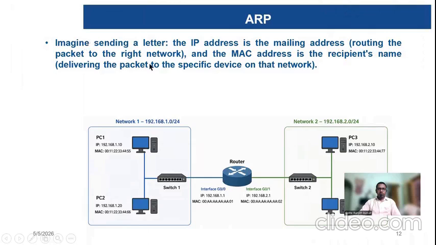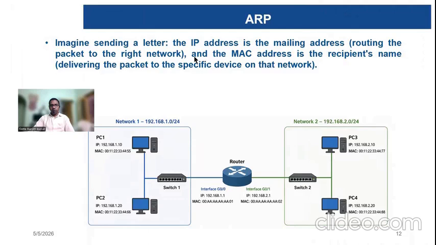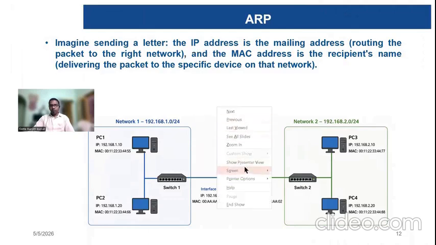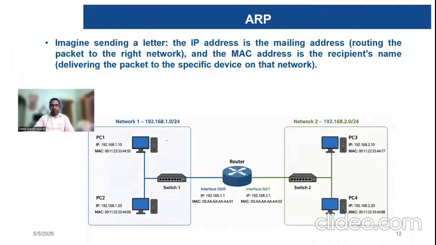Just imagine that we are sending a letter or a message to a system which is connected to a network. For example, here we have only the IP address. With the help of the IP address, data is sent. We are sending some data or message from this system, and assume that this is the destination.